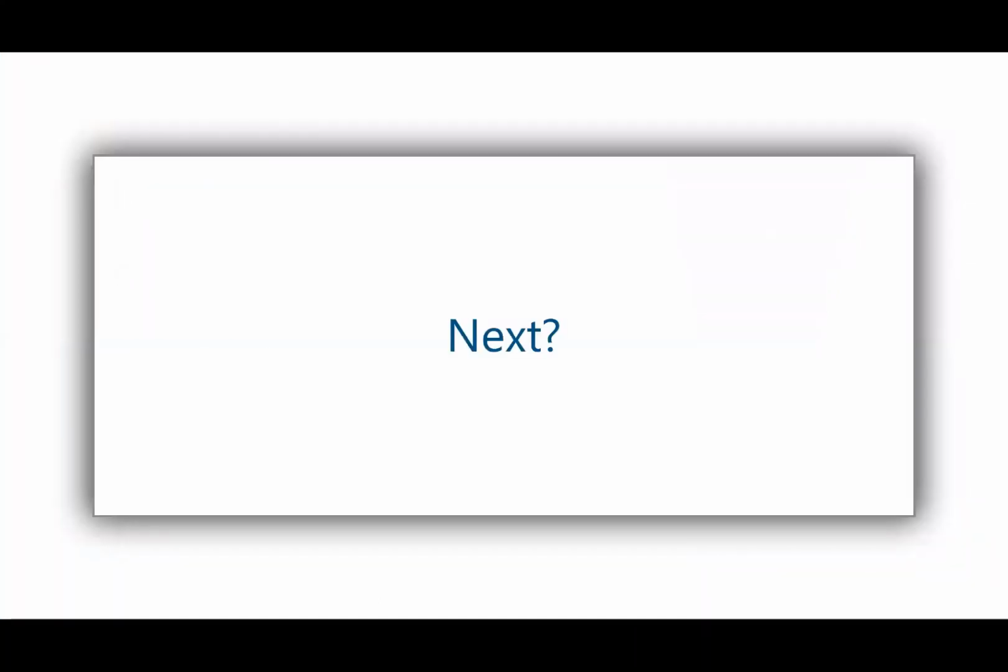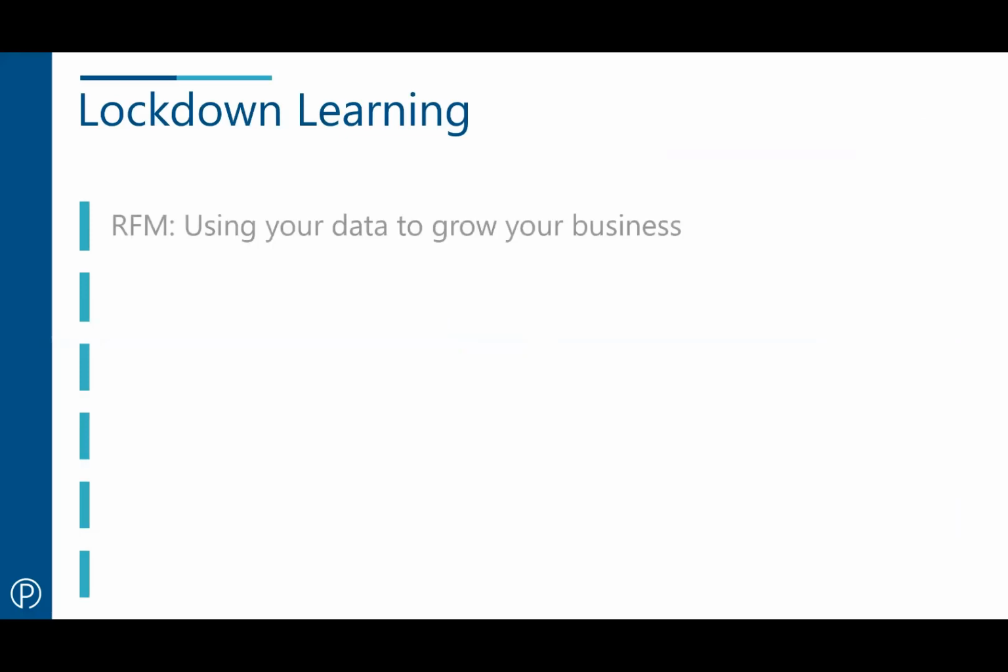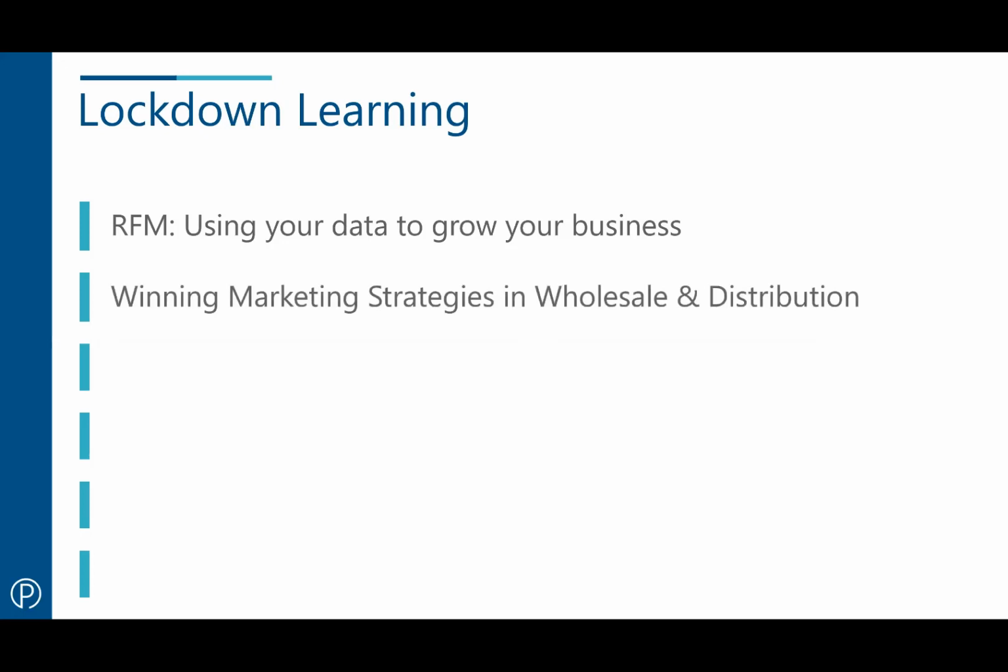So what's next? Well, in our lockdown learning series, the first one was RFM, and we've just covered that. The next one next week will be on winning marketing strategies in wholesale and distribution. And there'll be a bit of overlap with some of the RFM analysis. We'll be touching on that again in a bit more detail for marketing, but we'll also be looking at some more strategies for success.